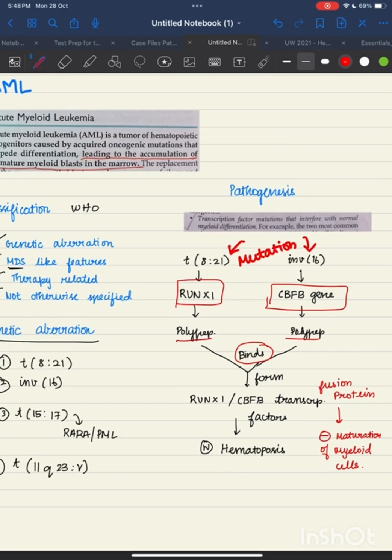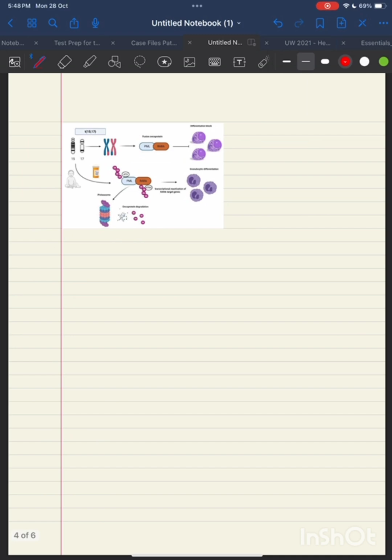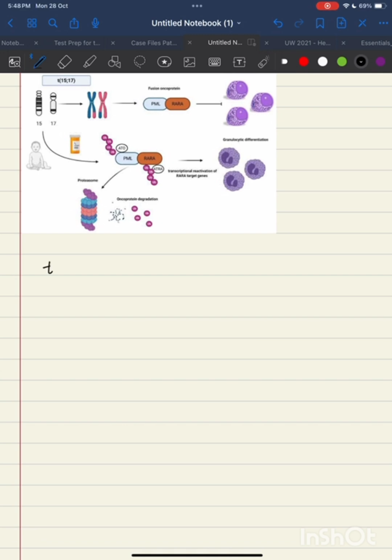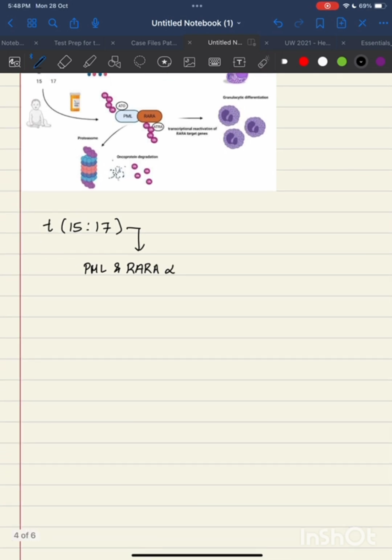Then there is another gene, t(15;17). What will it do? It carries the PML and RARA gene in it. If there's a mutation in this gene, what happens? Its affinity for retinoids will diminish, will decrease.